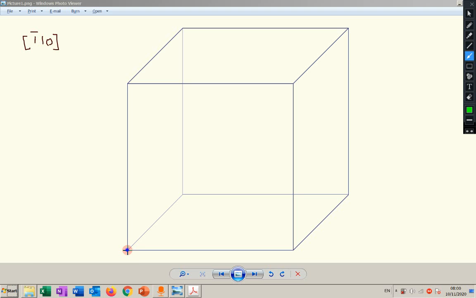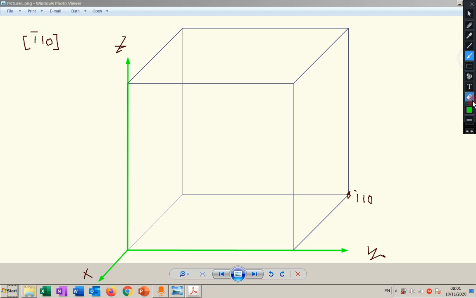I'm going to assume here to be the origin. Minus 1, 1, 0, because this is x, this is y, this is z. We have minus 1 in x, 1 in y, 0 in z. This is the point that we're looking at, which is minus 1, 1, 0.